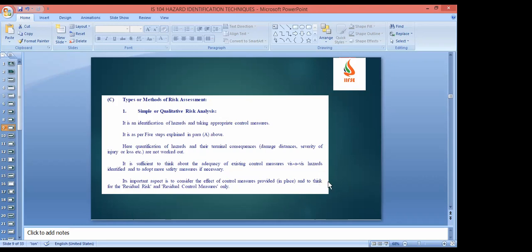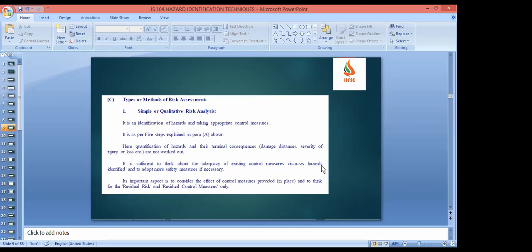It is an important aspect to consider the effect of control measures provided in place and think of the residual risk and also residual control measures. Here they are not going to do any quantitative assessment. They will check only whether the existing controls are sufficient or not.